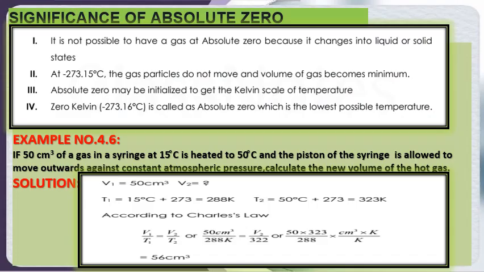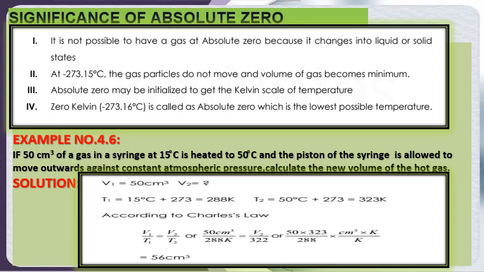Now come to the next one. What is the significance of this absolute 0? This tells you that it is not possible to have a gas at absolute 0 because it changes into liquid or solid states, as I told you now. At minus 273.15 degrees centigrade, the gas particles do not move and the volume of the gas becomes minimum, that reaches 0 according to the graph being given.